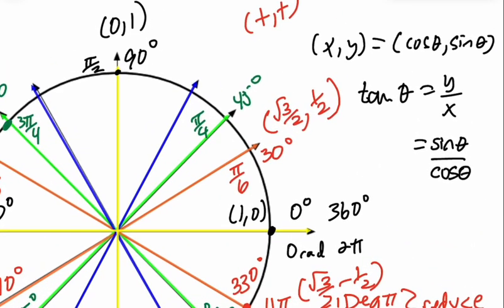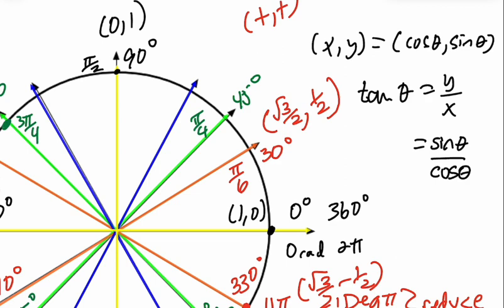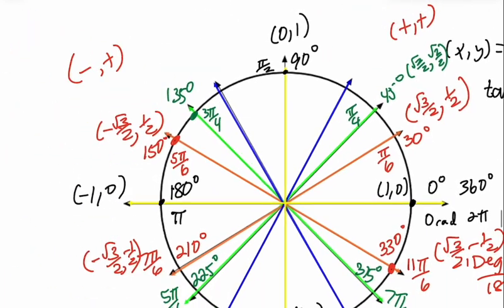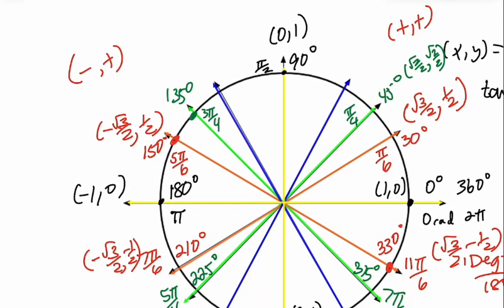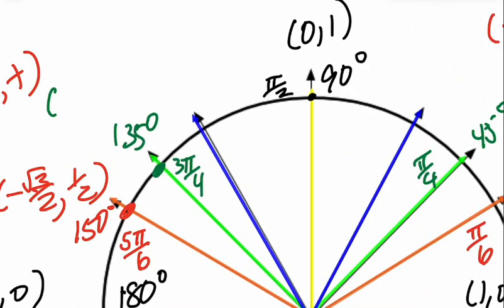The points, because we make an isosceles 45-45 right triangle, are the same. The x and y are both square root of 2 over 2. Now let's go ahead and put that square root of 2 over 2 in the locations, changing the sign appropriately. So this one would be negative square root of 2 over 2 and positive.